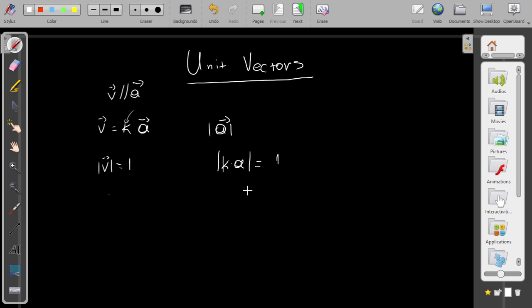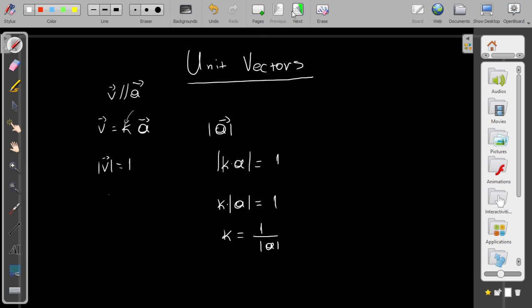That's why it's called a unit vector, because the scalar times my vector will give me a magnitude of 1. Now, since I have this case, K times the magnitude of A should be 1. So K should be 1 over the magnitude of the vector.